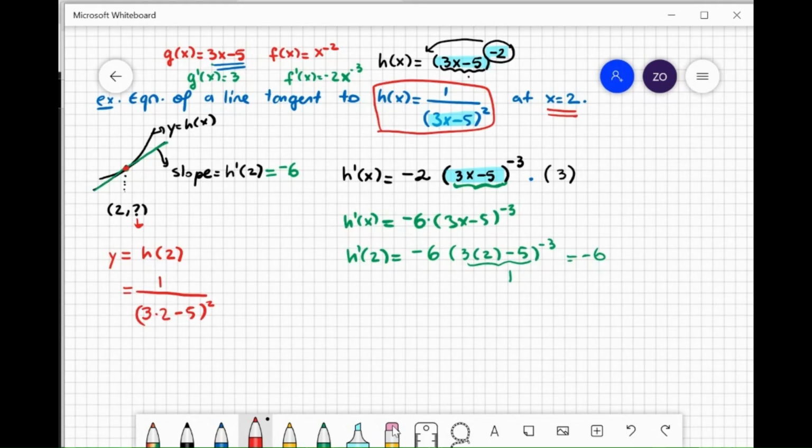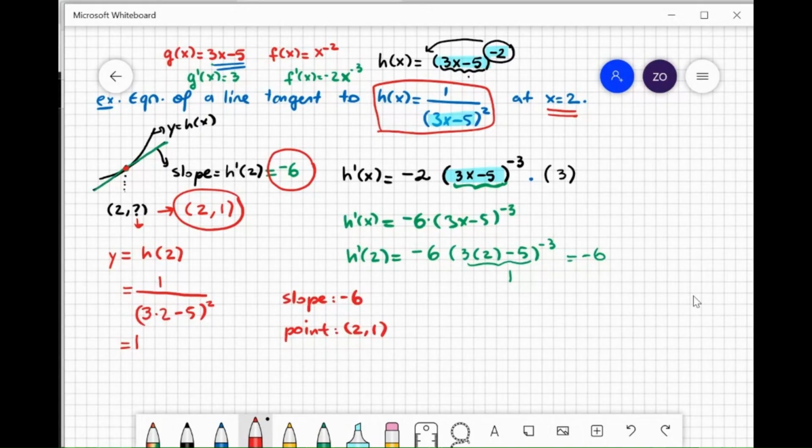Sorry, 6 minus 5 is 1. 1 squared is 1. So this point is in fact the point (2, 1). So the slope is negative 6 and the point is (2, 1).